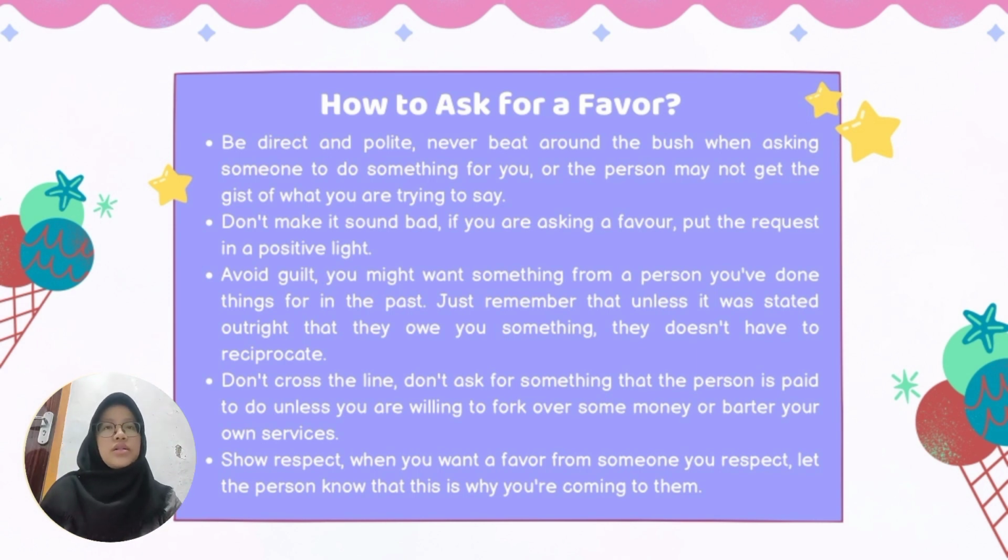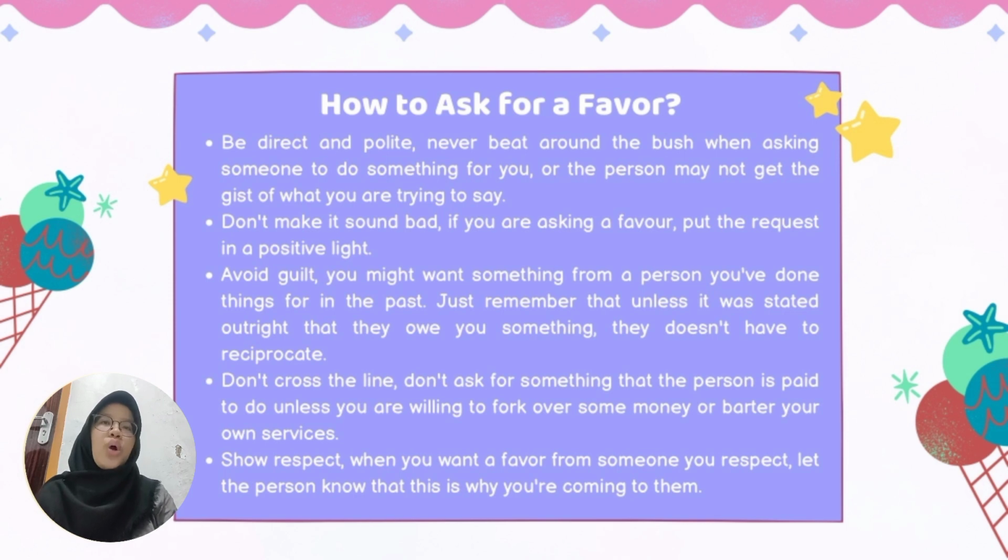And avoid guilt. You might want something from a person you've done things for in the past. And don't cross the line. The situation that explains this statement is when you have a friend who is a doctor and you ask for a physical test in their personal time, you are definitely crossing the line. So you have to be careful when you ask a favor.